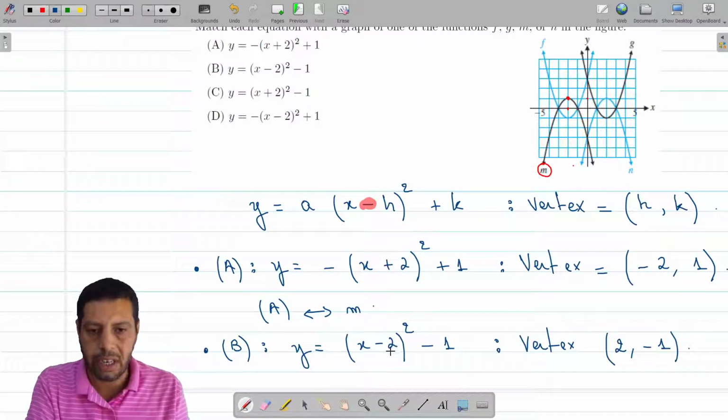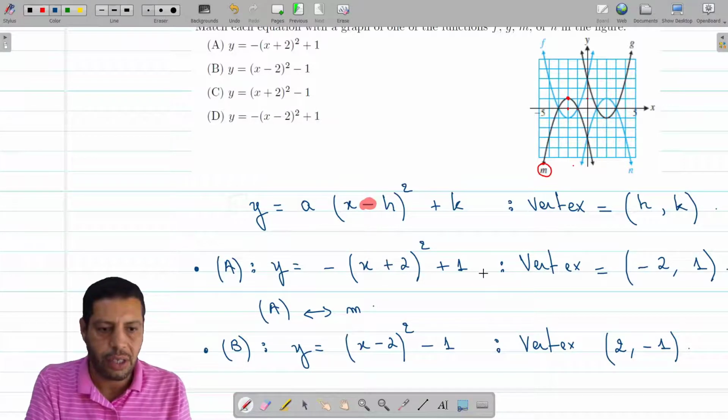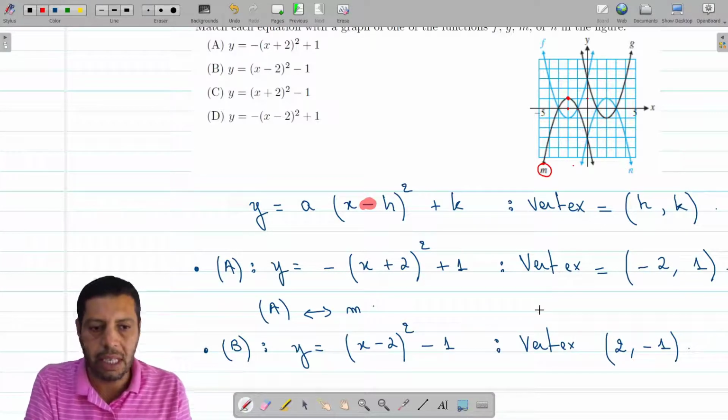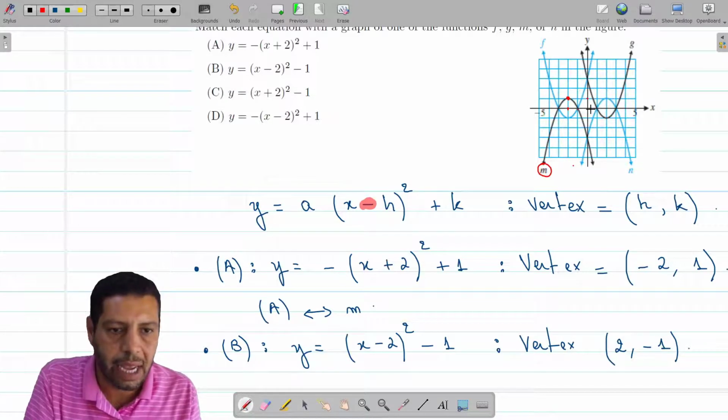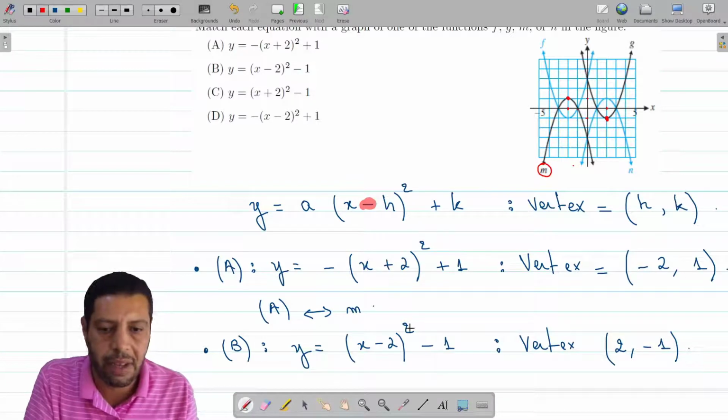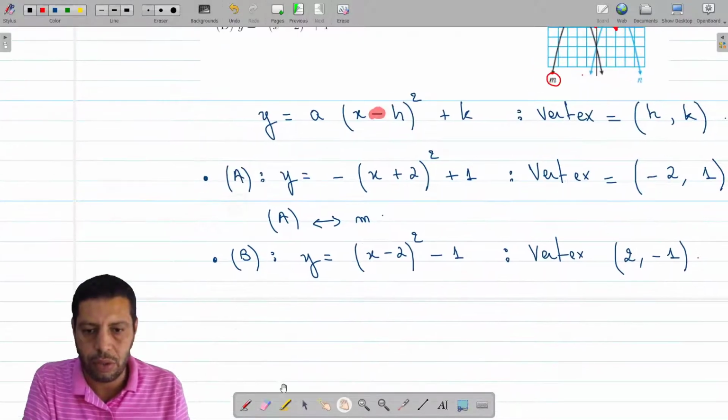So the h here is 2 and the k is negative 1. So we're going to put this point on the coordinate system: 2 on x, negative 1 on y. It corresponds to this vertex point, and this vertex point belongs to the graph G. So to B, we're going to associate the graph G.